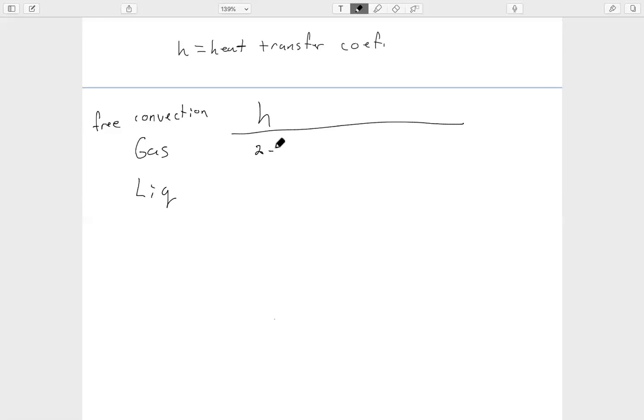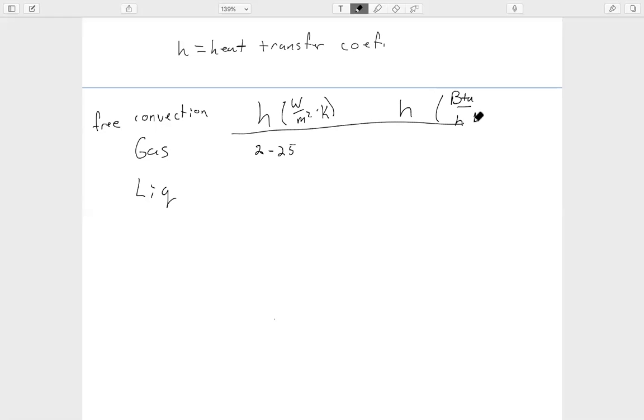They say 2 to 25, and the units are watts per meter squared times Kelvin. In other units, if I measure in BTUs per hour, BTU is an energy unit, so I do BTUs per hour to get a power.